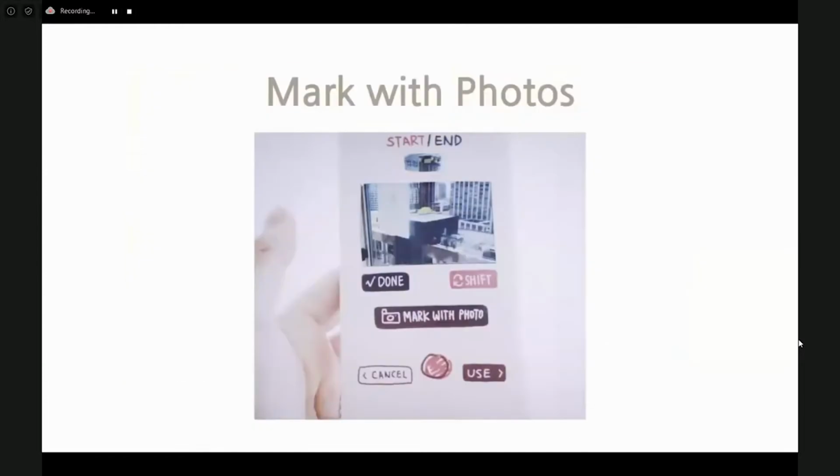And the next function is mark with photos. This one allows players to mark places or objects that are interesting or matter to them. And then they can save it to the archive, or they can visit those places in the future.